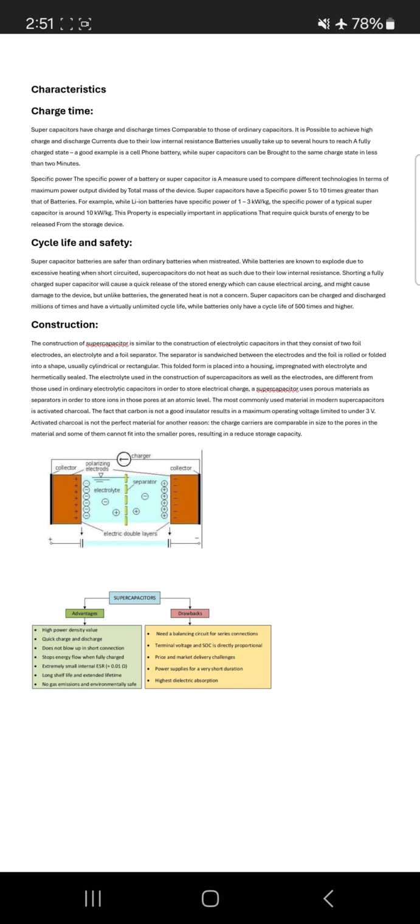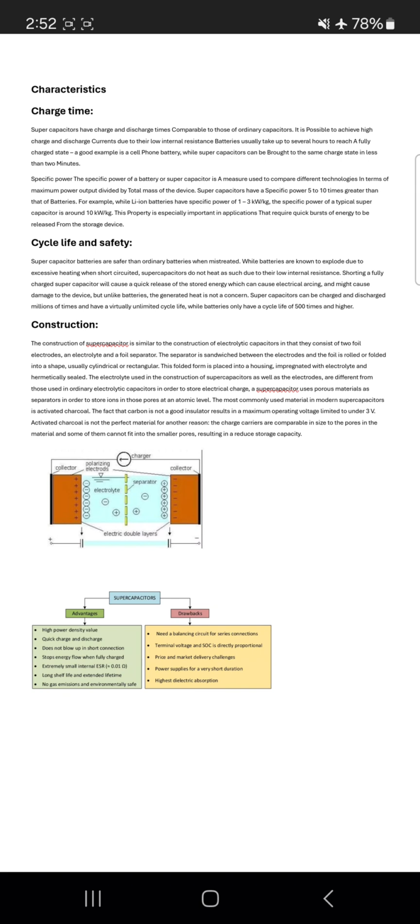The electrolyte used in the construction of supercapacitors as well as the electrodes are different from those used in ordinary electrolytic capacitors in order to store electric charge. A supercapacitor uses porous material as separators in order to store ions in those pores at the atomic level. The most commonly used material in modern supercapacitors is activated charcoal.